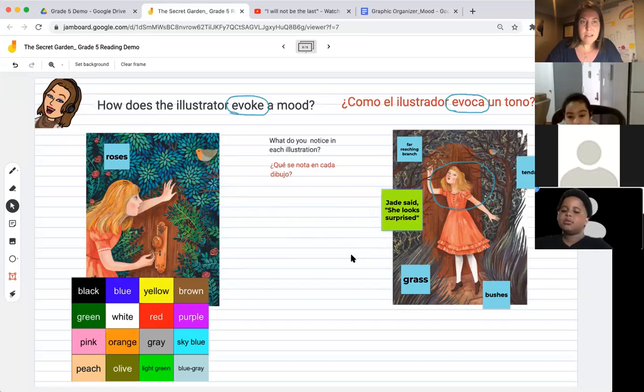Did you know that? Who else wants to be an analyst? What else do you notice? What sort of mood? ¿Qué tono está evocado? What tone is evoked? Maybe Jadelis or Daneuri can help us?